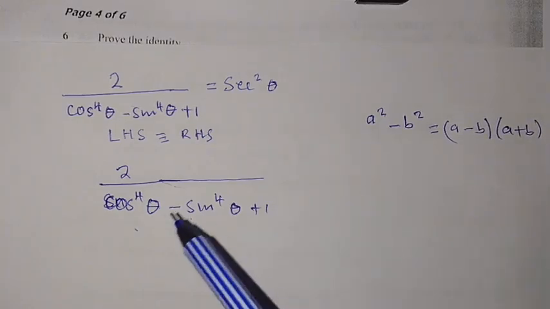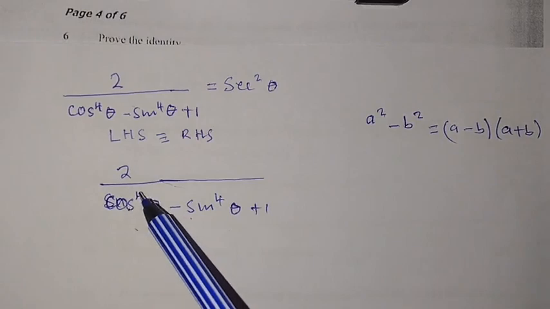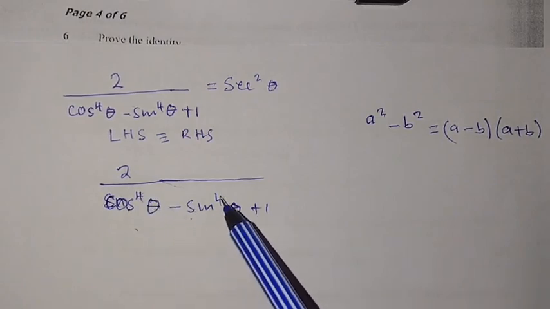Now in this case, we have cos power 4 theta minus sine power 4 theta.